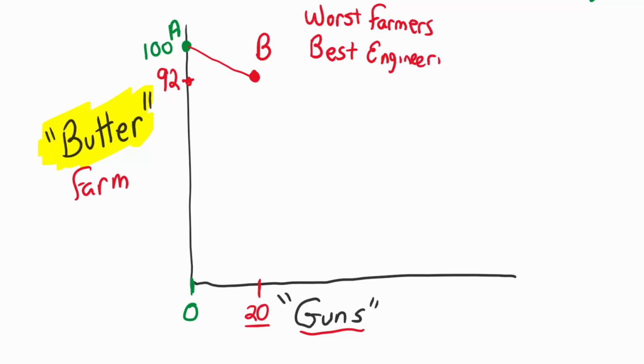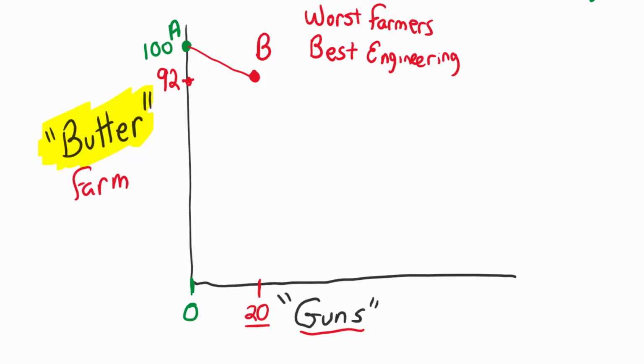Maybe the people who are really good at making machinery and putting things together, and the blacksmiths and the people like that. Those are the people we're going to send first. So we're not going to be losing a whole lot of butter, but we're going to be getting a lot of guns by sending just a few of these people to make the guns.